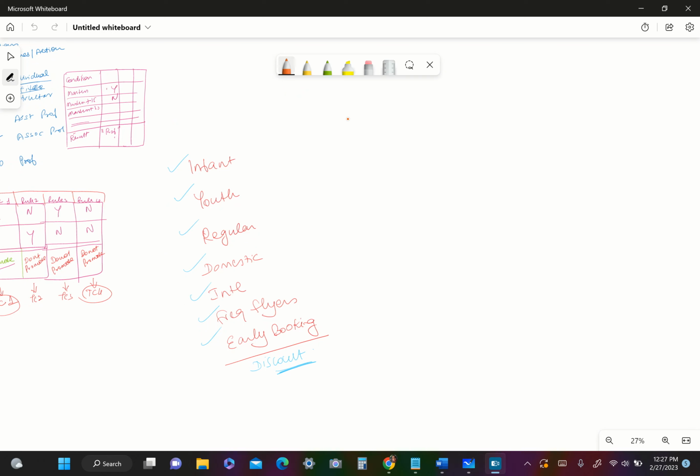What we are going to do right now is create a decision table that is going to have all the rules. The conditions are going to be listed here. Each of these becomes a condition, and then we are going to have outcomes. So let us look at the conditions.